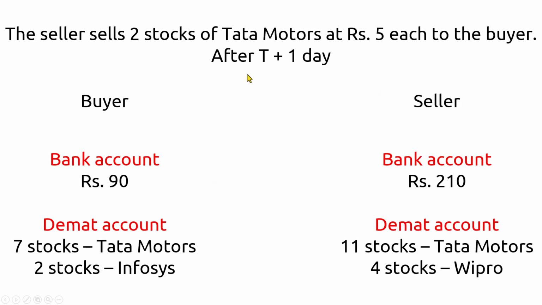After T plus 1 day, we will see what this is later, the transaction is completed. So now the seller has 210 rupees in his bank account and the buyer has 90 rupees in his bank account.